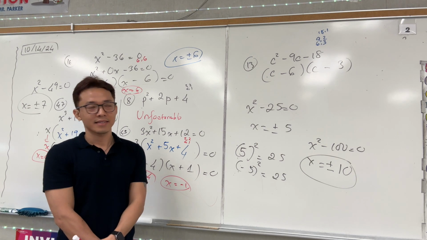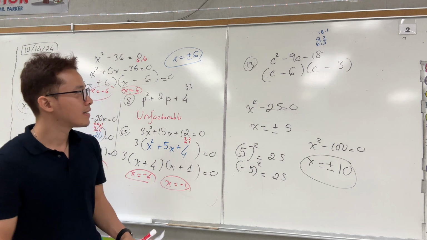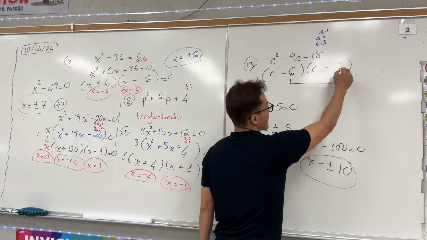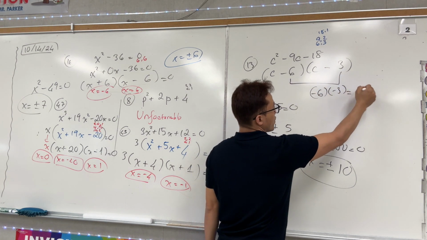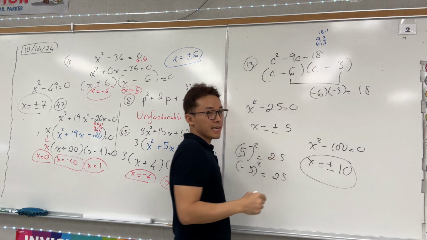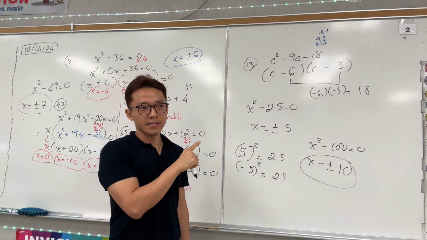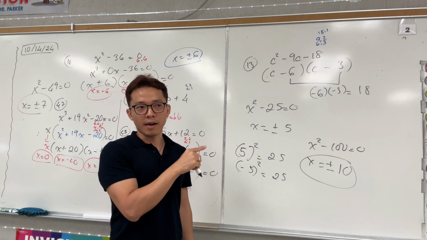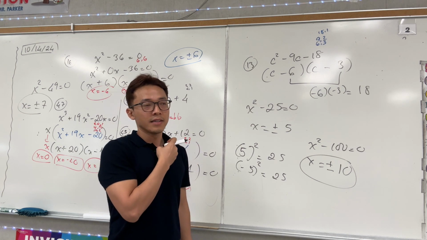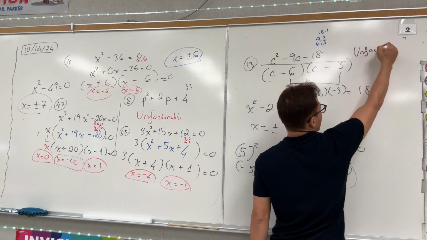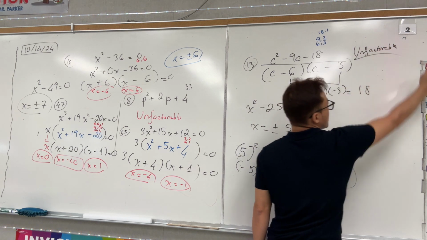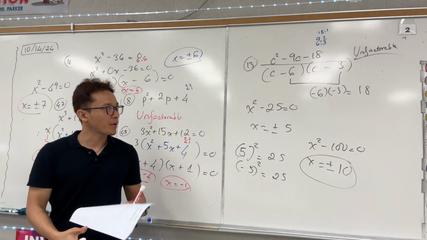Because if you multiply those, it would be positive, which isn't in the equation. If you multiply the last two terms, negative 6 times negative 3, you have positive 18, not negative 18. Remember how you check the combination, whether it works? So actually this one is going to be what? Unfactorable. I give Vincent 1 point, that's good.